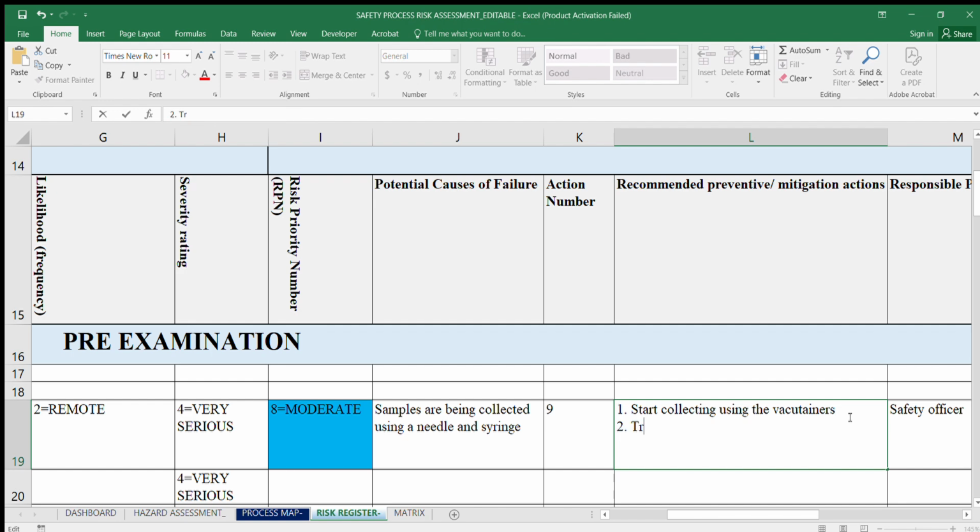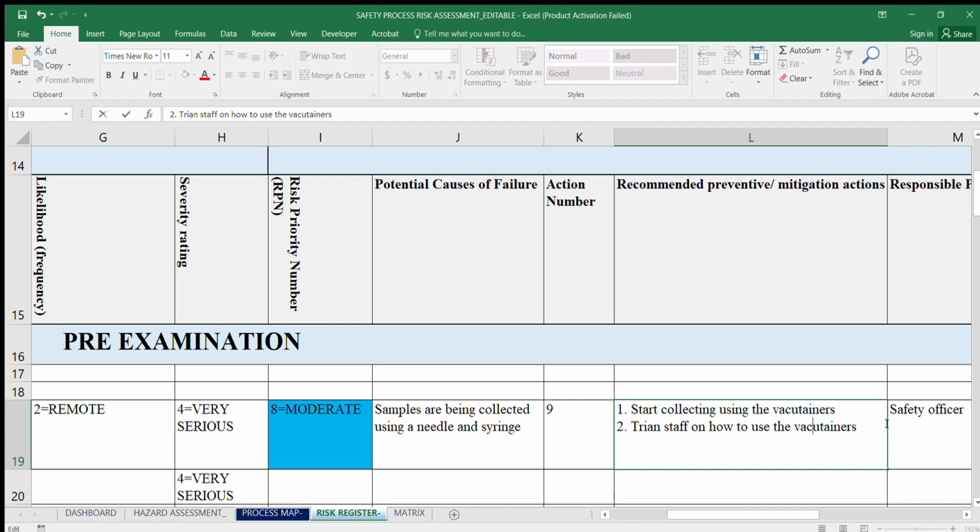So also you need to train staff on how to use the vacuum turners. That is the vacuum turner needles.